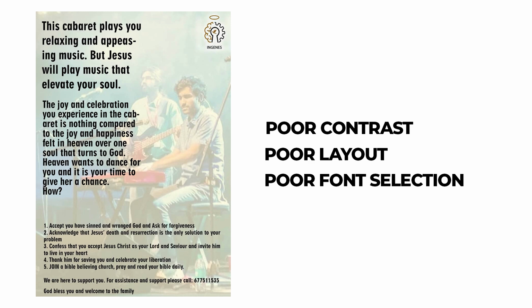You don't really know what is actually going on in the design. Secondly, the layout is really not appropriate, and the fonts that are being used, you can really struggle to read. So we are going to be seeing how we can solve those problems and make the design more appealing.